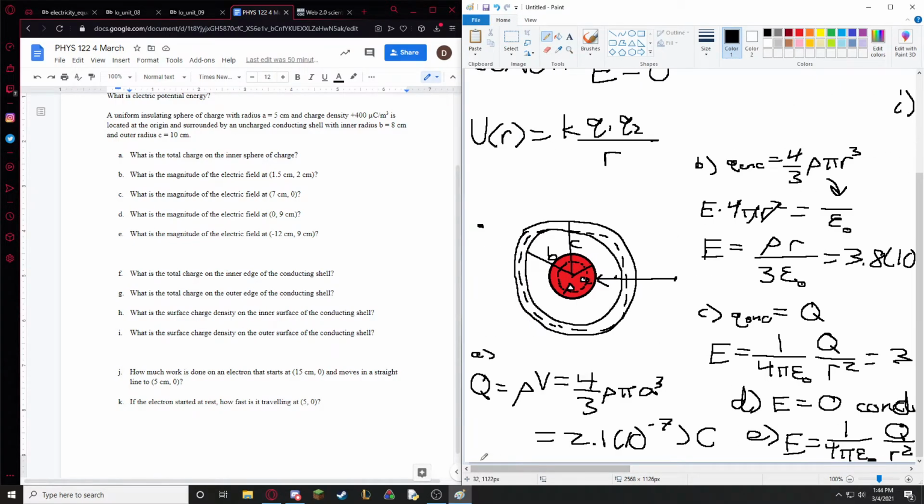It's going to start at a radius of 15 centimeters and move in a straight line to a radius of 5 centimeters. So we want to know, one, how much work is going to be done on the electron, and two, if the electron starts at rest, how fast is it going to be traveling at 5? So let's take about 5-6 minutes, then we'll go over it.